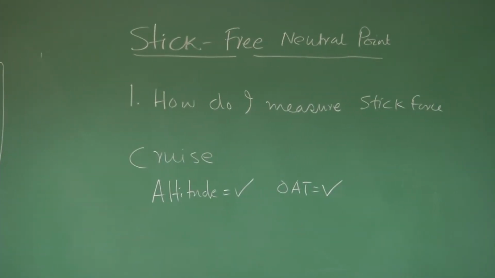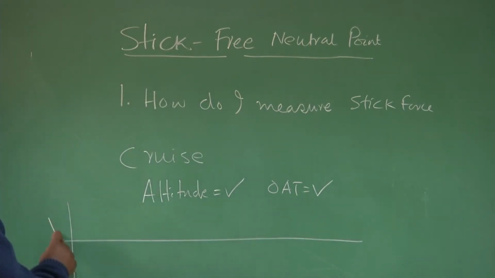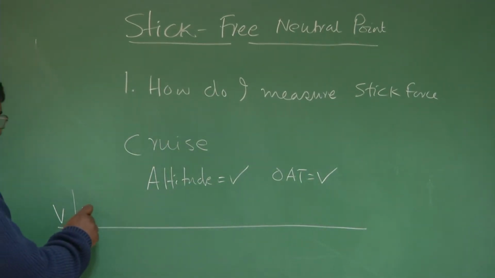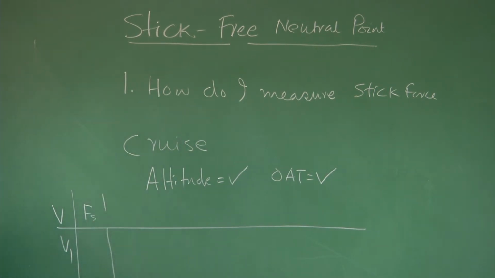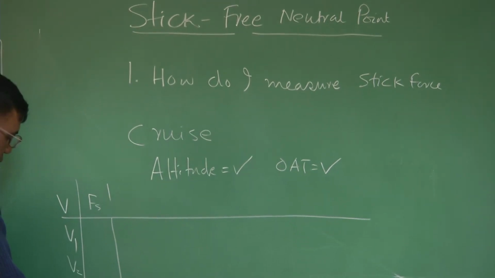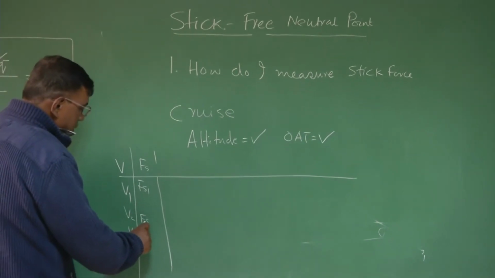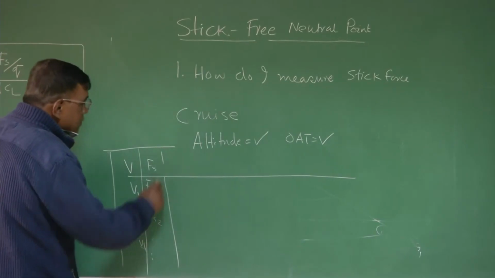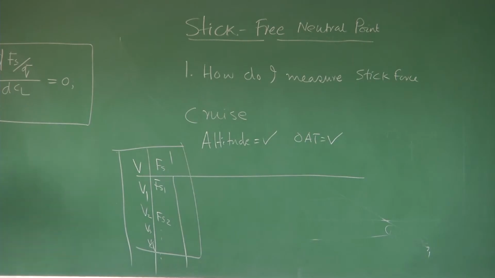Then for different V, let's say V1 I am cruising, you note down what the stick force is. Then again for V2, V3, V4, you note down all those stick forces being applied. So you just need these two measurements. So you know what the stick force is.